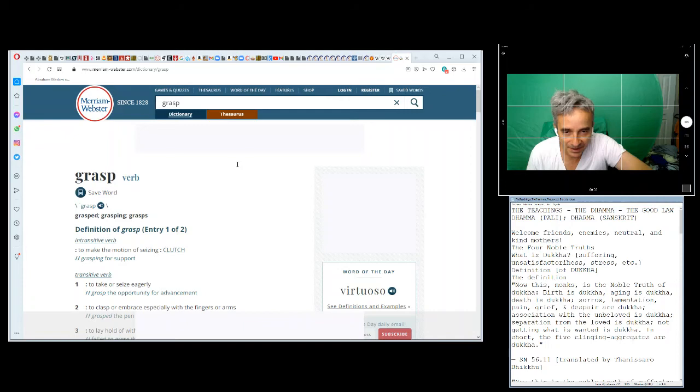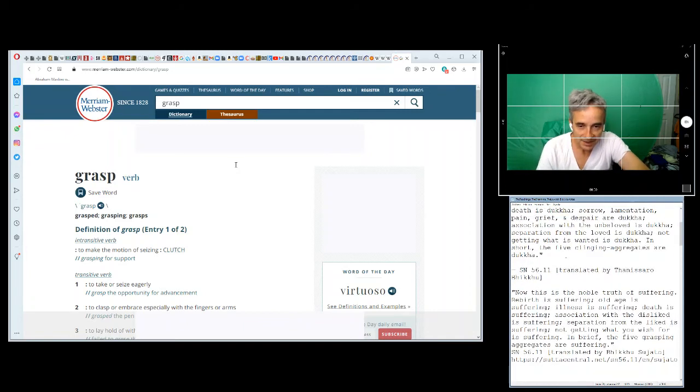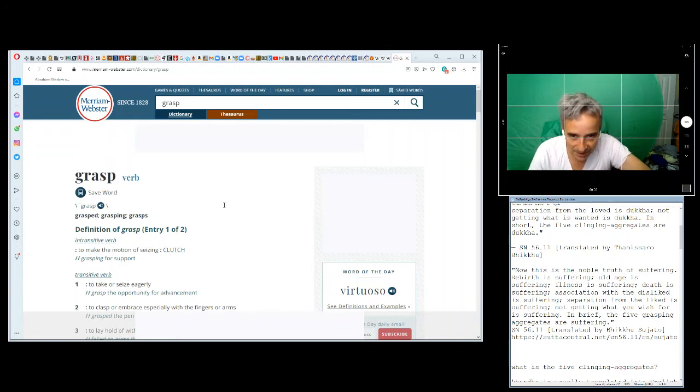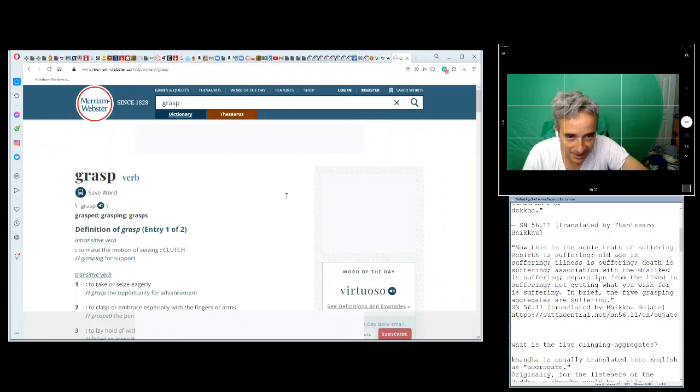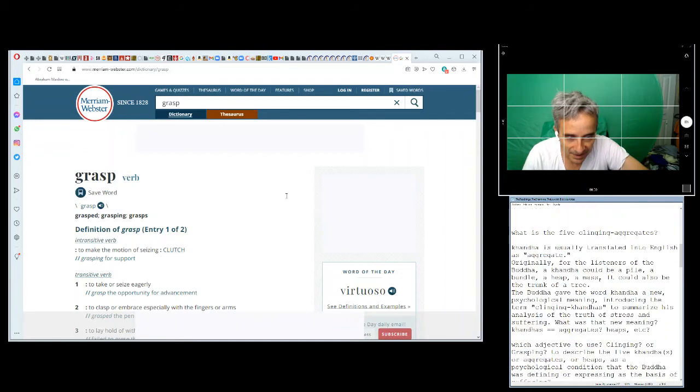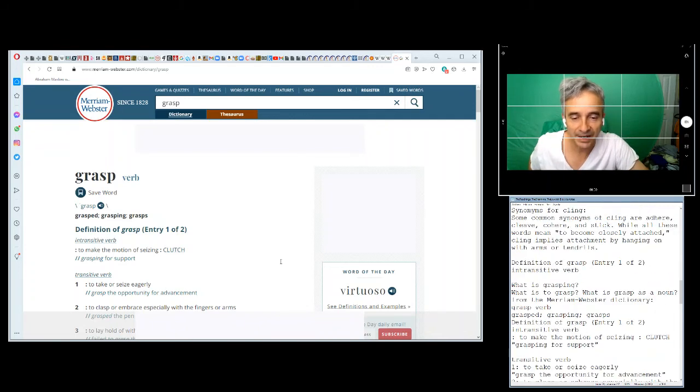I wrote it all down here in these notes. And I also tried to see which one to use, the word clinging or grasping. Maybe we should use them both. But I got a little bit of insight into what the differences and similarities are.